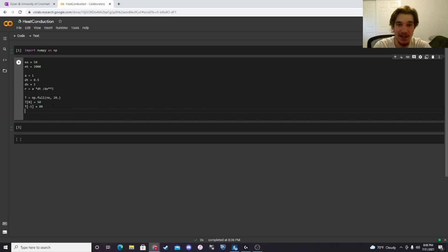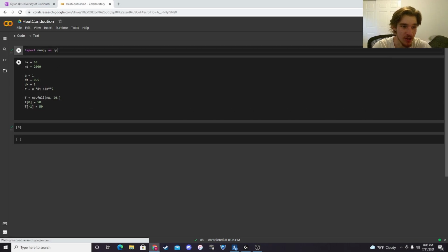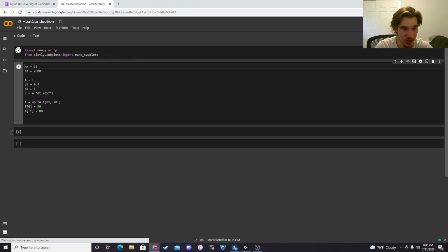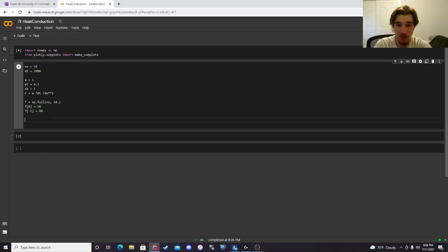Now we want to go ahead and plot what we're doing. From, I believe it's plotly.subplots, we're going to be importing make_subplots. Shift Enter. For the variable for our subplot, I always like to use fig, short for figure.